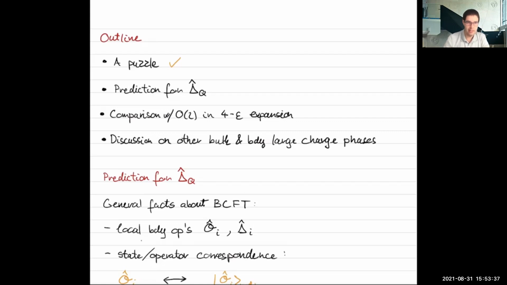There are situations where you need extra boundary degrees of freedom in this framework, and I believe there also exist other large charge regimes of CFTs where you need to use completely different EFTs. I would put that in the same bracket.